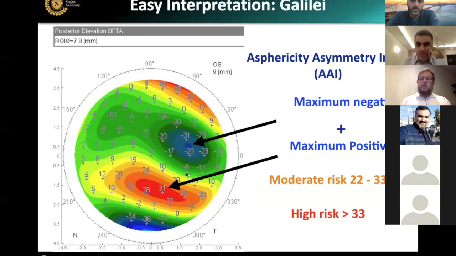Now, if the difference is less than 22 microns, it is normal. If it is 22 to 33 microns, it is suspicious. And if it is more than 33 microns, it is very abnormal.